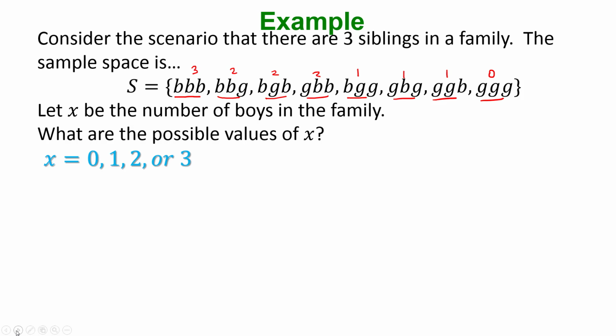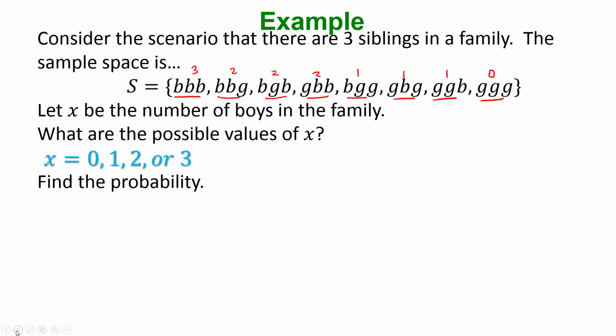Okay, before we construct the probability distribution for this, which remember is just a chart, what is the chart going to have on it? The probabilities of these things happening. The probability that the random variable X is 0, 1, 2, or 3, which sounds scary, but all I'm saying is let's write down the probability of getting no boys, the probability of getting 1 boy, the probability of getting 2 boys, and so on.